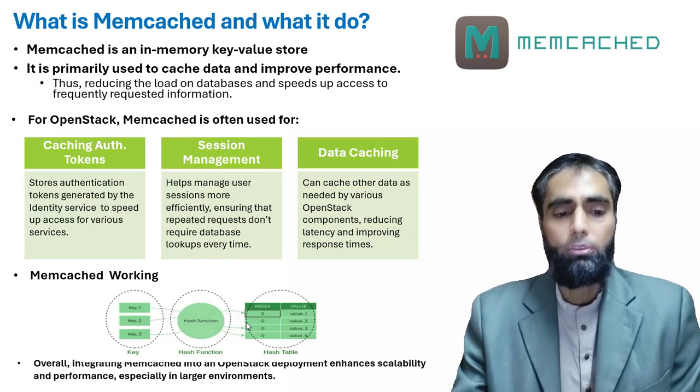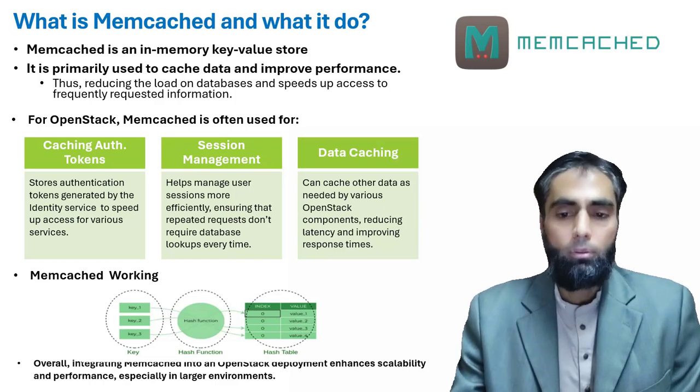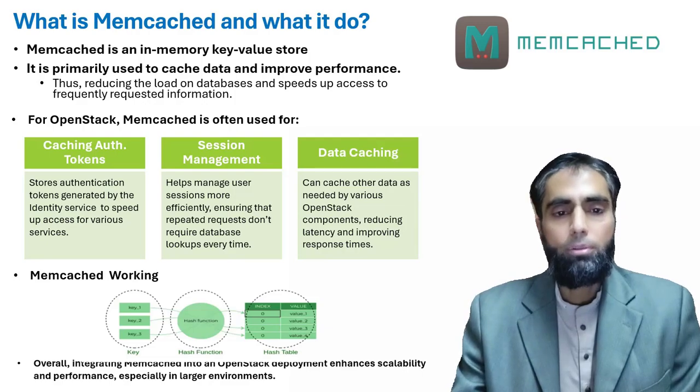Each of these indexes is hashed by a certain key value. So to access the data from the memory store, we need to have access to the certain key. And overall, Memcached improves the performance of the OpenStack services.